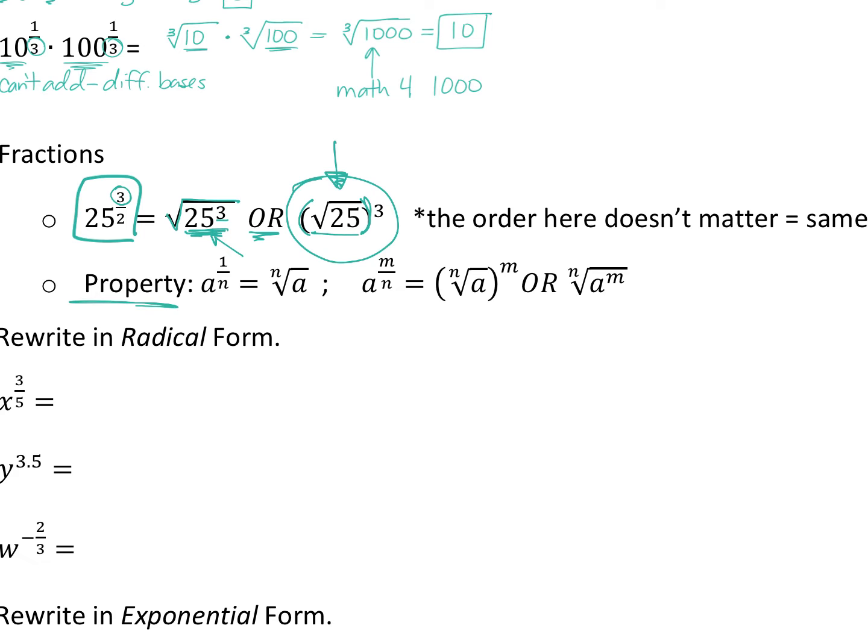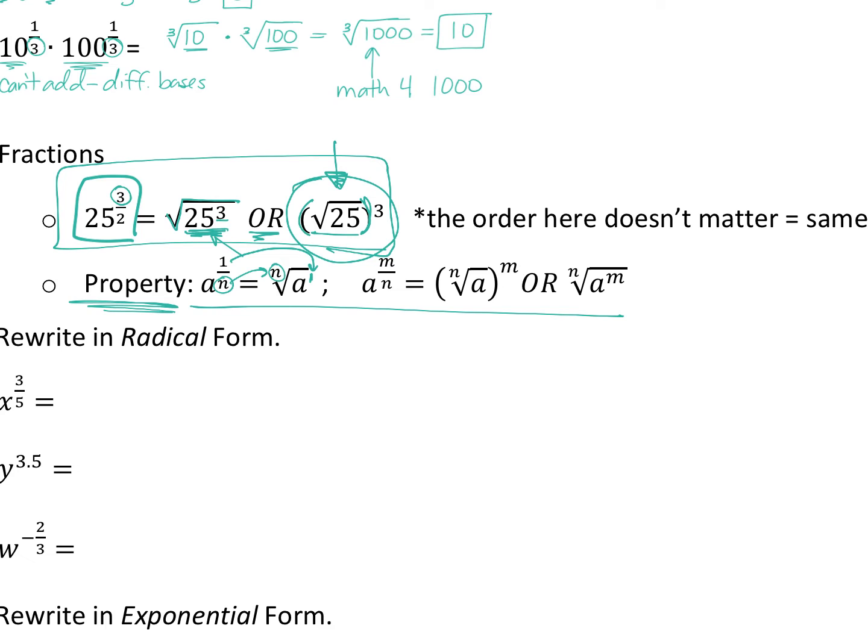Okay, so this is the property. It's what I just showed you here. This is this, but with variables instead. So if I have a to the 1 over n power, that means I'm taking the nth root of a to the first power. This number goes here, the power.